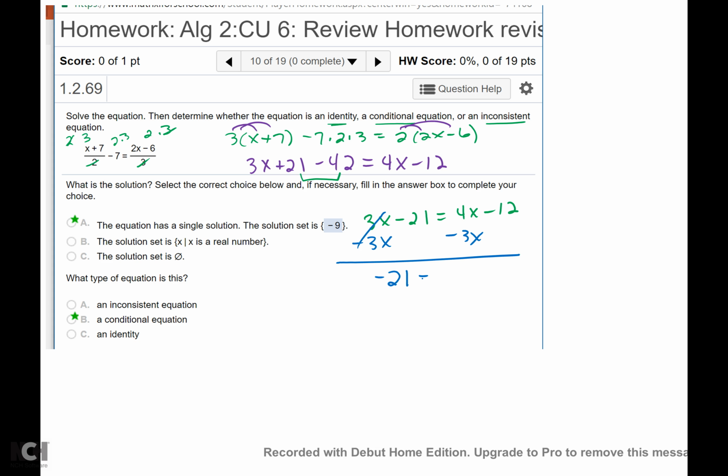I get negative 21 equals x minus 12. Add 12, add 12. I get x equals negative 9. As long as I don't have to throw it out, I can keep the answer, which makes it conditional. There's no drama. There's no x's in any denominator, so there's nothing that can't be in the domain. I get an answer that I can keep, which makes it a conditional equation.